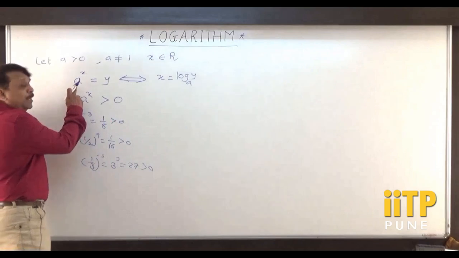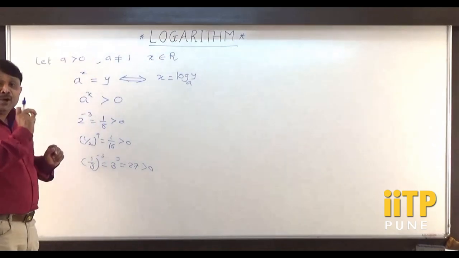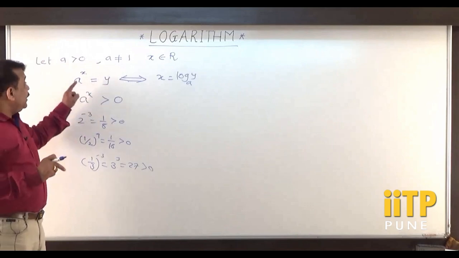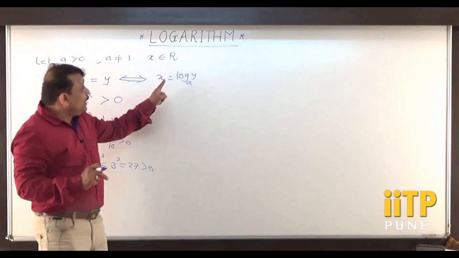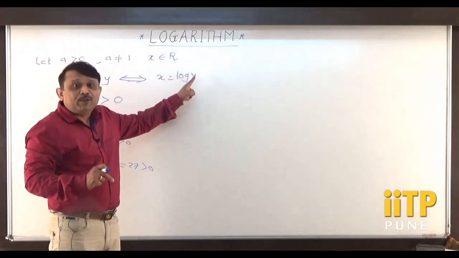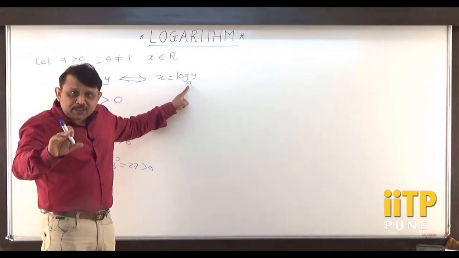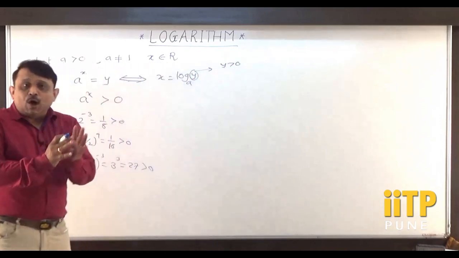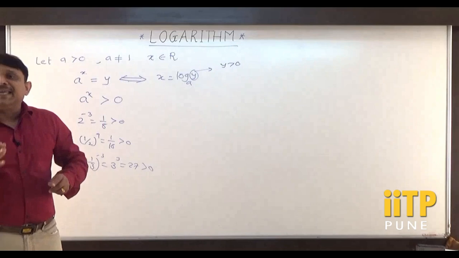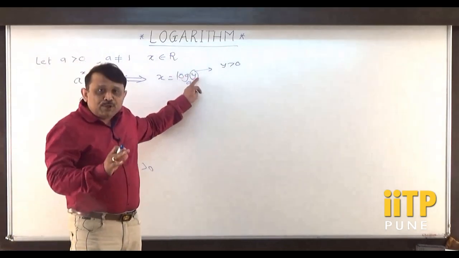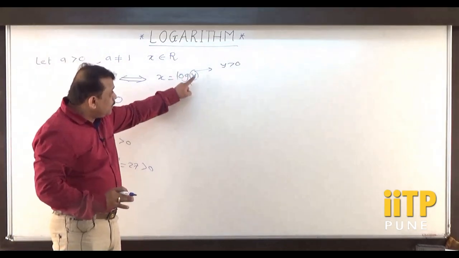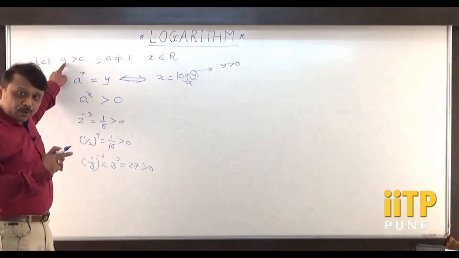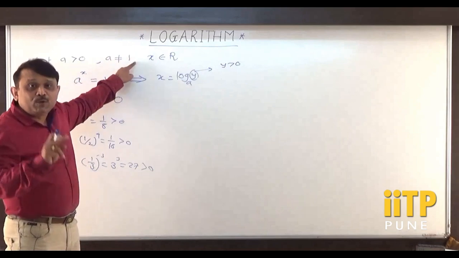But this exponential number a raised to x is being called y. So y is positive, and because y is positive, when I write x equal to log y to the base a, this makes sense provided y is positive. So log of only a positive number can exist, and the base should be positive, and a is not equal to 1.